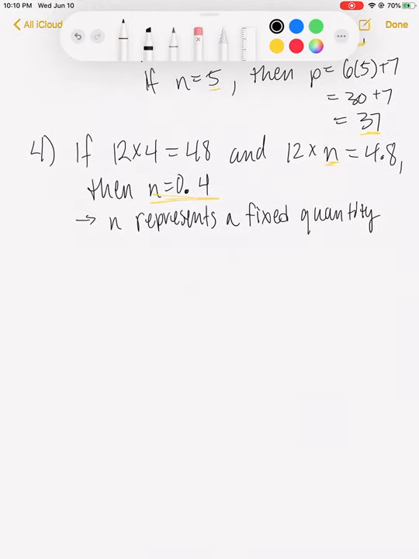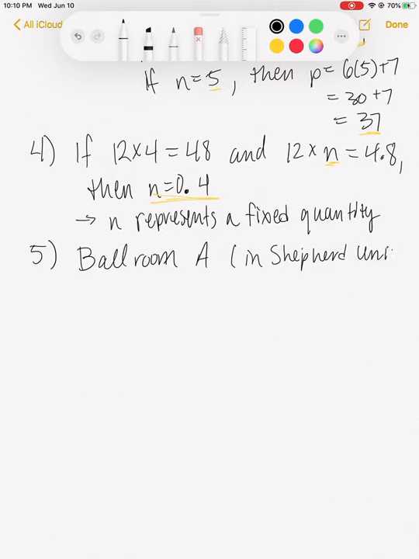Situation number 5 of 6. Ballroom A. A is a letter, like the ballroom in the Shepherd Union. Okay, the focus is A, that is a letter. Is this letter a variable? Okay, well, we call it a literal symbol.